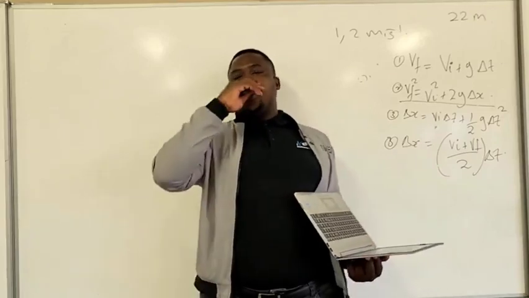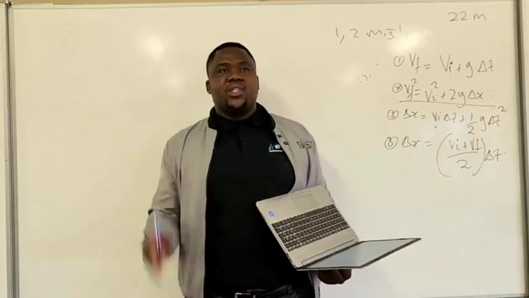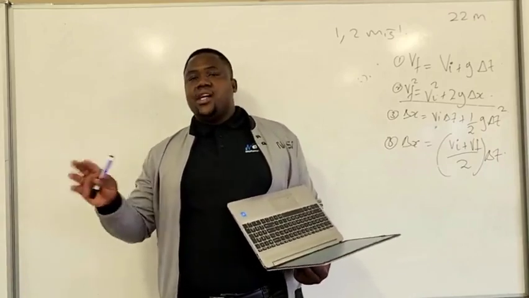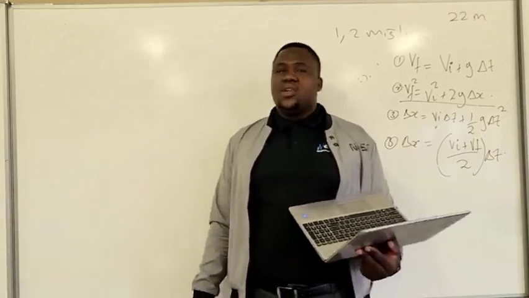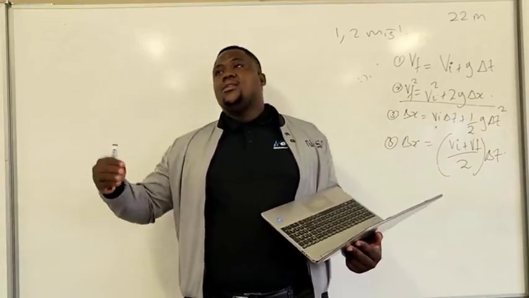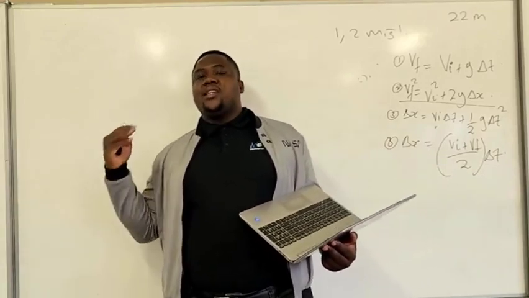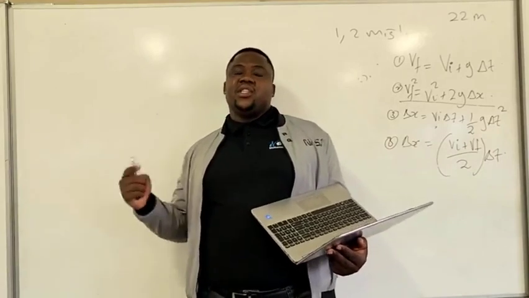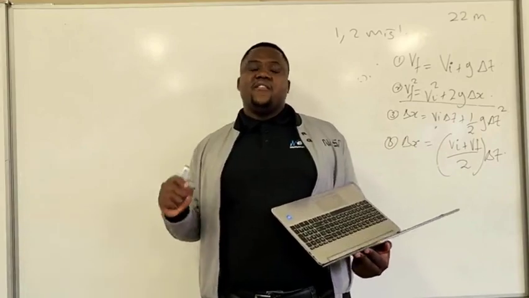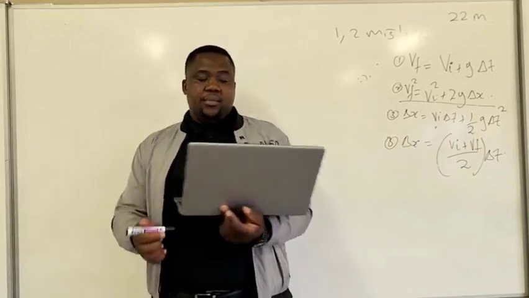So in order for whatever we taught you to be true and to stand, the object must be a projectile, meaning that only gravitational force must act on an object. So to answer 9.1, a projectile is an object that has been given initial velocity and it moves under the influence of gravitational force only.